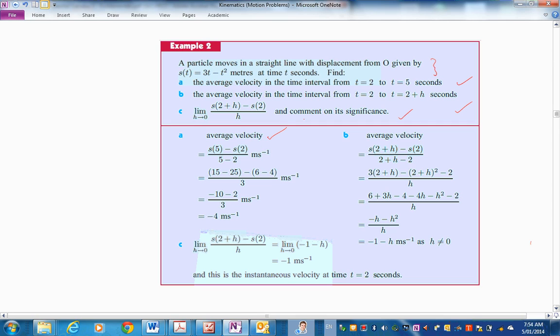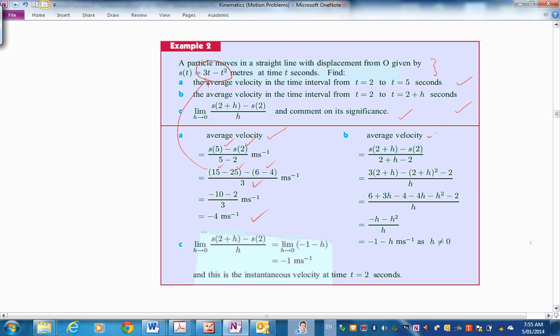So putting the numbers in to the original displacement expression, 5 and 2, gives us 15 take 25, and then take 6 take 4. So that's our change in displacement, and then dividing by 3. So it's -4 meters per second.